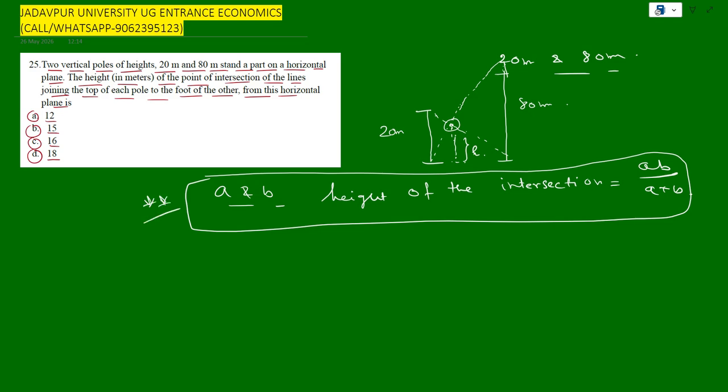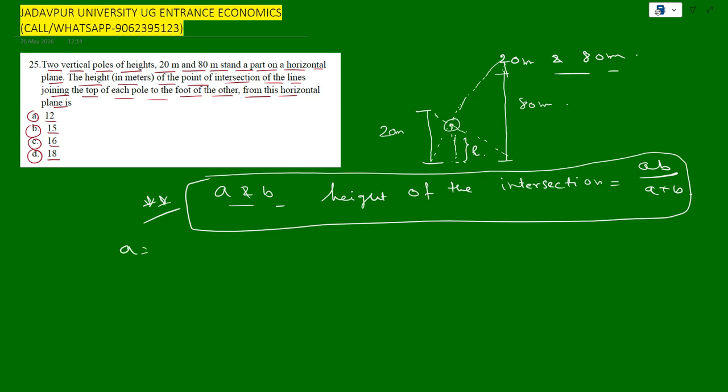Now, H is AB by A plus B. This is one of the most beautiful geometry shortcuts in aptitude mathematics, and students love it because there is no complicated algebra, no coordinate geometry, and a direct answer in 10 seconds.